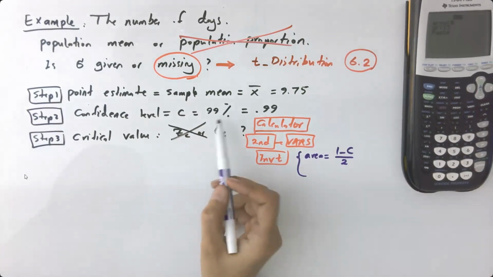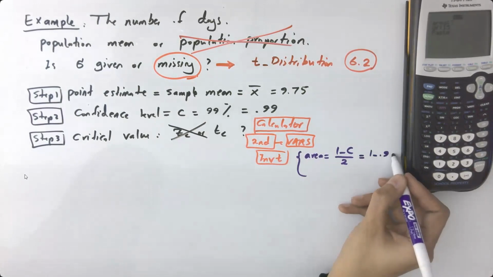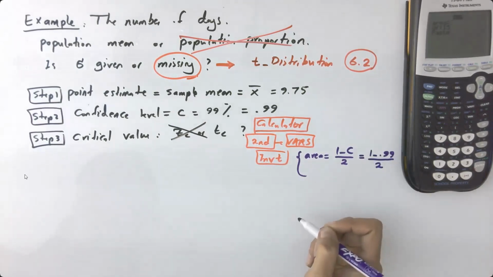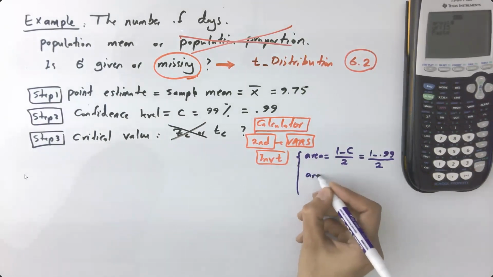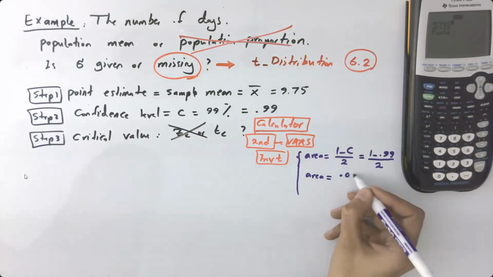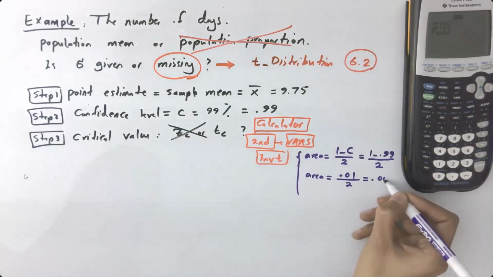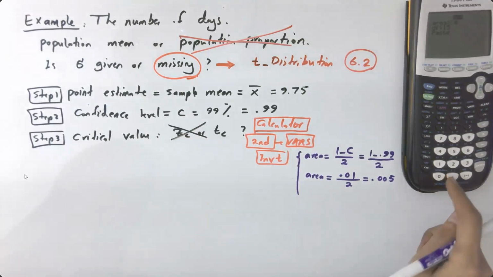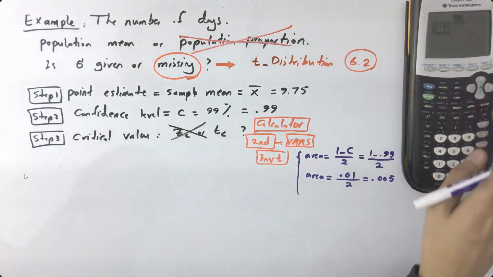C is 99%. So it is 1 minus 0.99 divided by 2. So my area is equal to 1% divided by 2, which is 0.005. This is my area, 0.005.